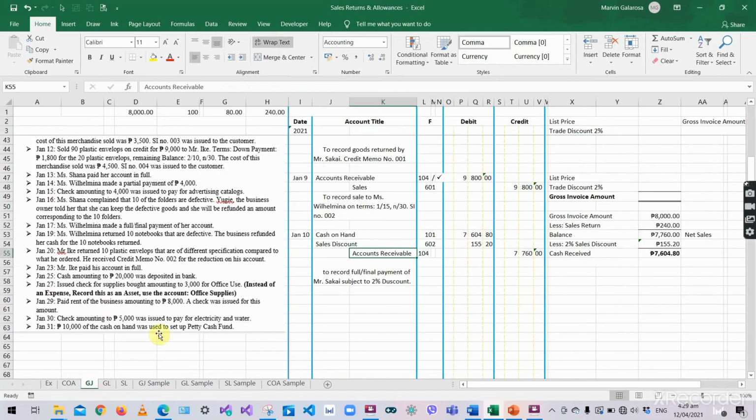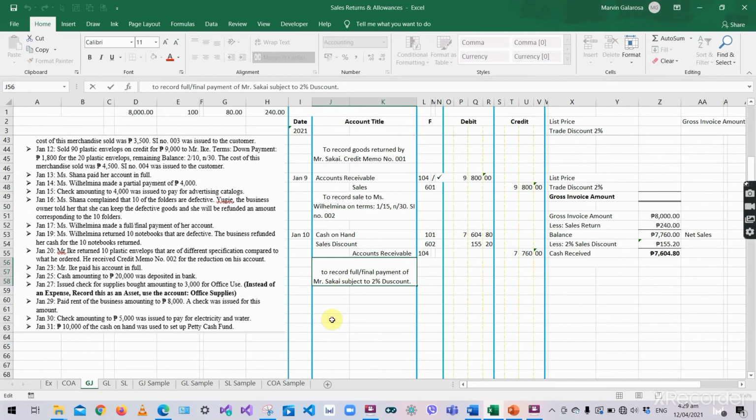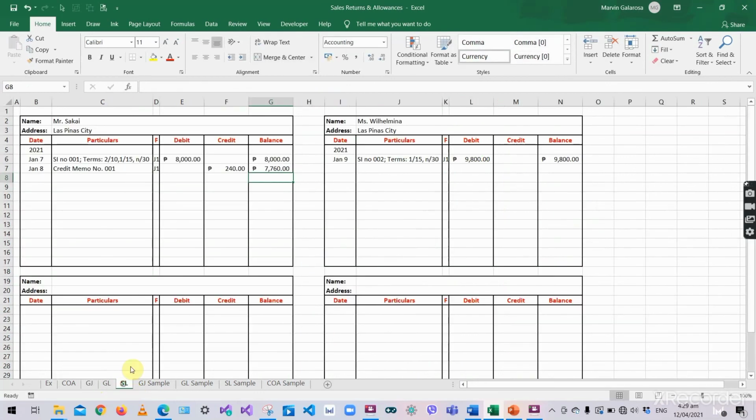So, for subsidiary ledger, SL ni Mr. Sakay. Subsidiary ledger ni Mr. Sakay. January 10. Particulars. Pagka nakolekta mo yung amount, binayaran ka ni customer, mag-i-issue ka ng OR, official receipt.